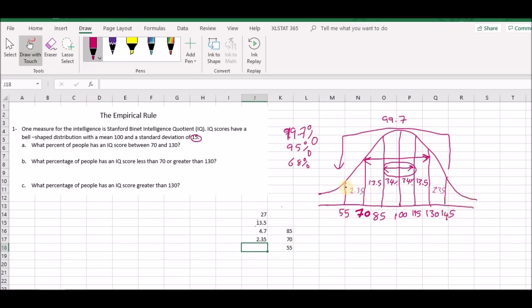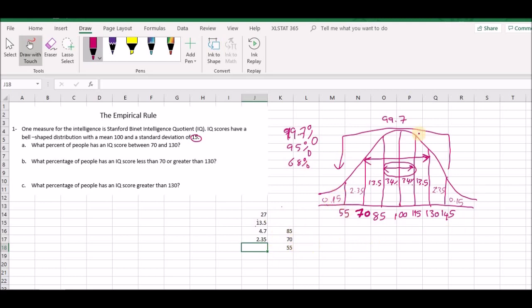Now the area in the tail: the area under the curve is 100%, and 100% minus 99.7% is 0.3%. Dividing 0.3% by 2 gives 0.15% in one tail and 0.15% in the other tail.